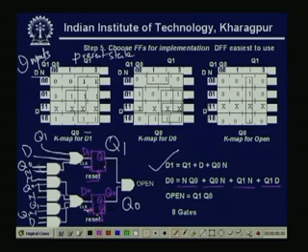So, see, 4 AND gates or 5 AND gates, 2 OR gates, and another 1 AND gate at the output. So, total 8 gates are needed for the design, among which 5 AND, 2 OR, and actually we can say 6 AND and 1 AND at the output.